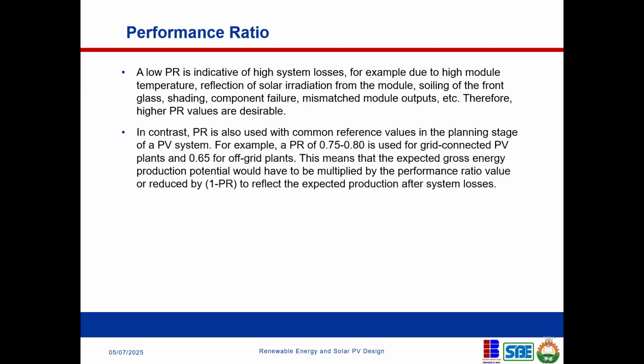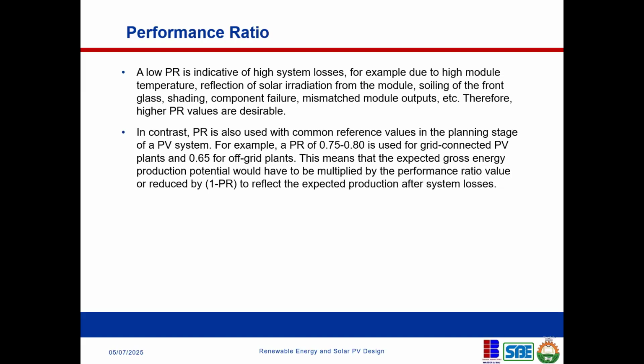Performance ratio is also used with common reference values in the planning stage of a PV plant. If you're at the design stage, how can you say this is what this PV should generate? For example, a performance ratio of 0.75 to 0.80 is used for a grid connected PV plant.